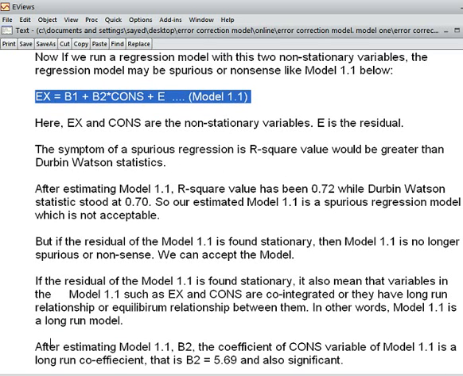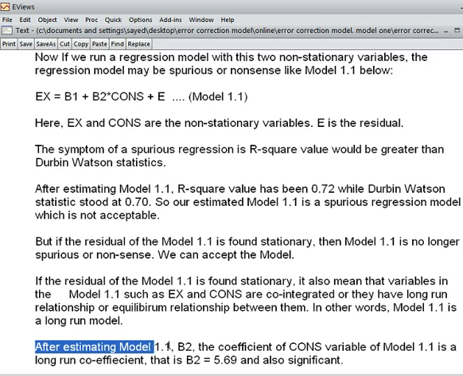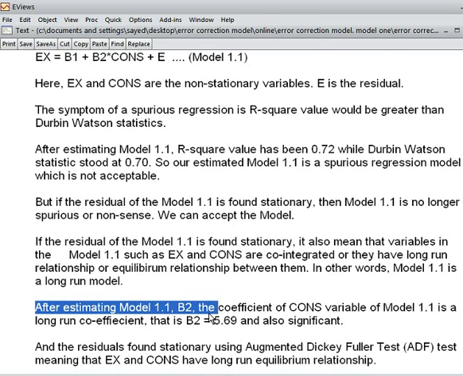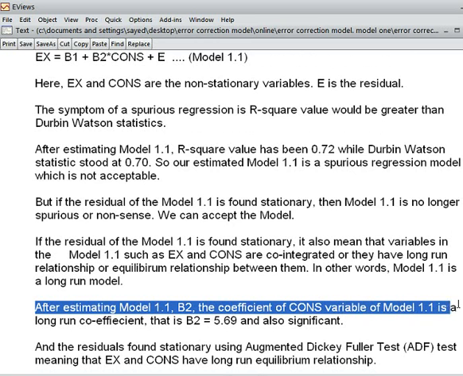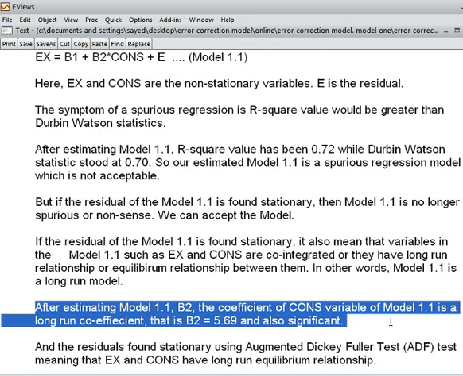After estimating model 1.1, B2, the coefficient of cons variable, is a long run coefficient, and the value of B2 has been 5.69, and also this coefficient is significant after estimation.